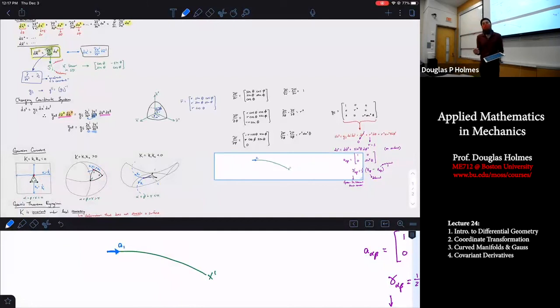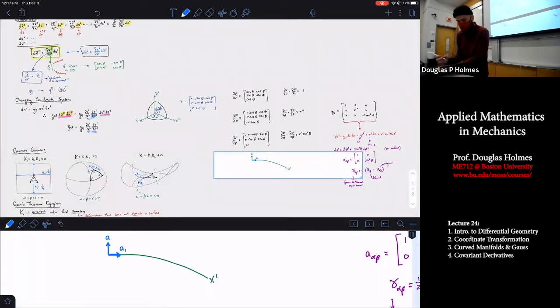And at every point, I should be able to construct a normal to that point, right? I should be able to say, well, there's something here that's not living on the surface. We'll call that A3. Why not A2? Well, A2 is the other coordinate on the surface that I'm living on.